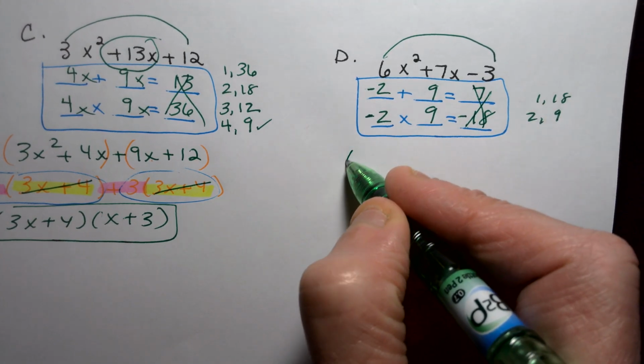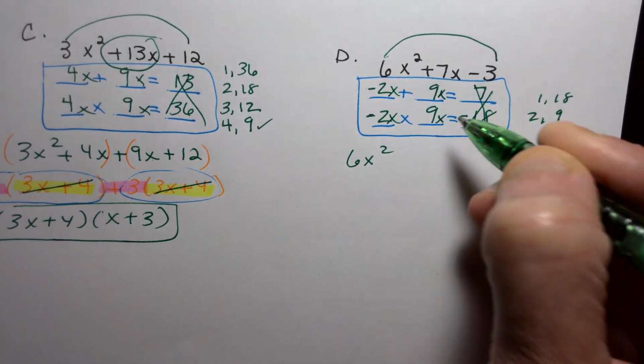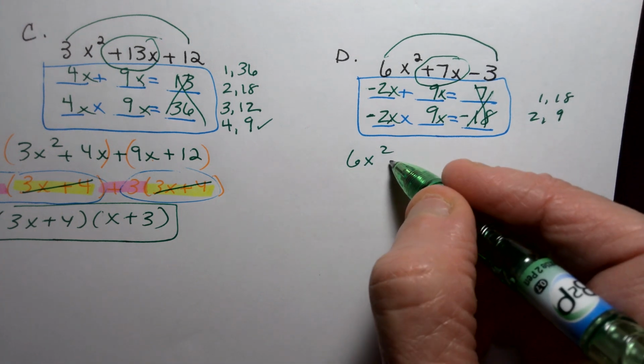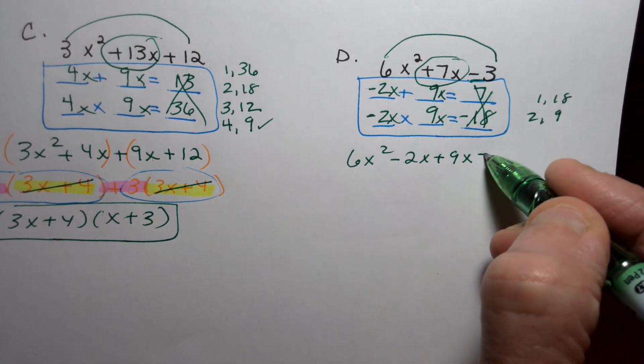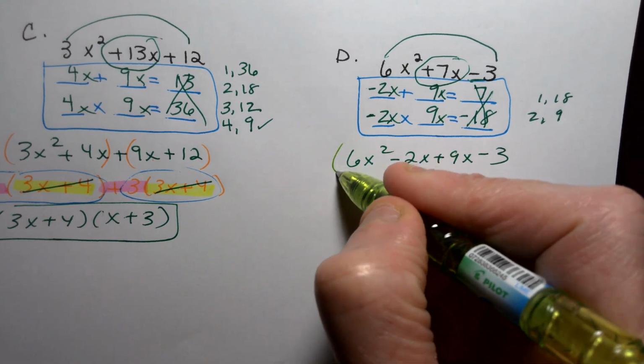Cross that off, rewrite with our other terms. I'm going to take the 7x out and put in minus 2x plus 9x in place of it, minus 3. I now shall group them.